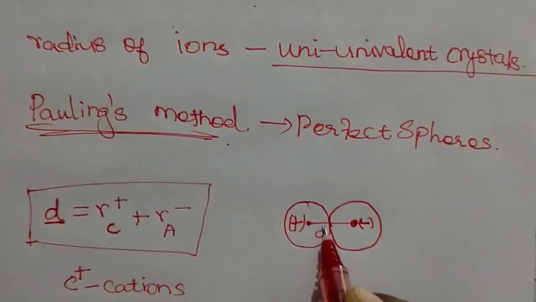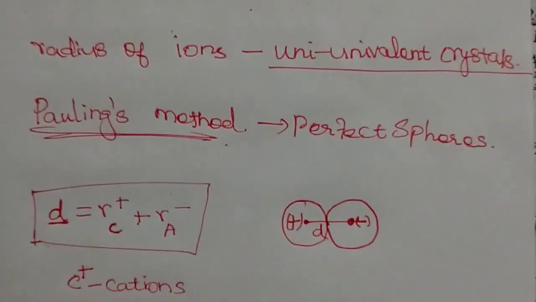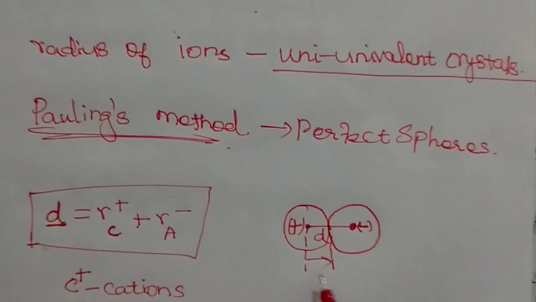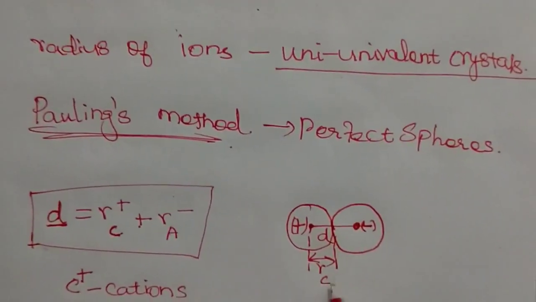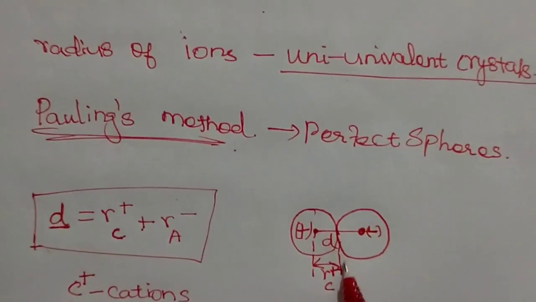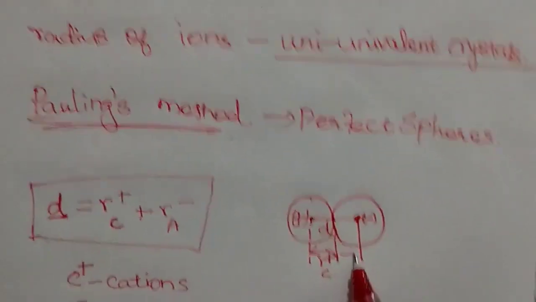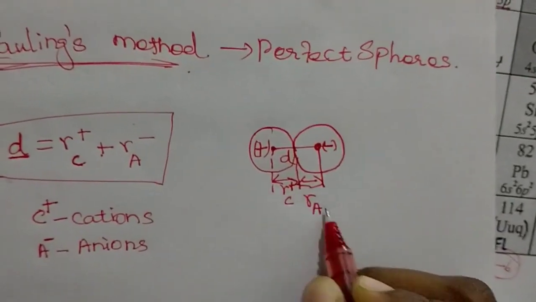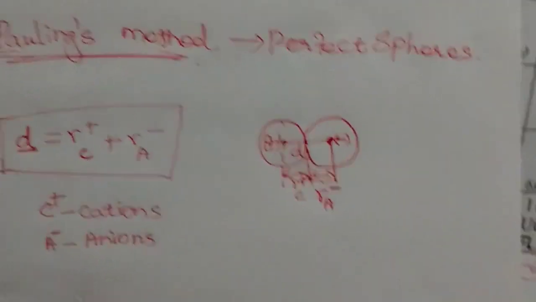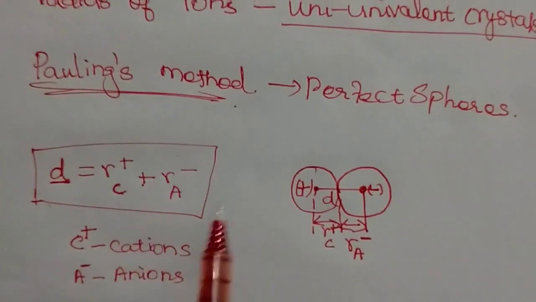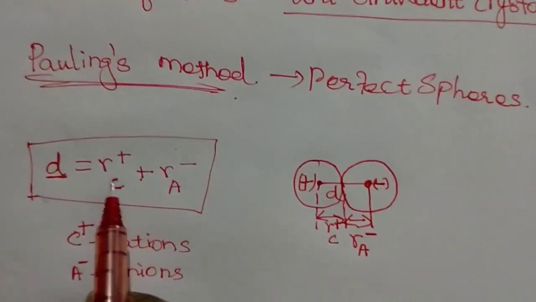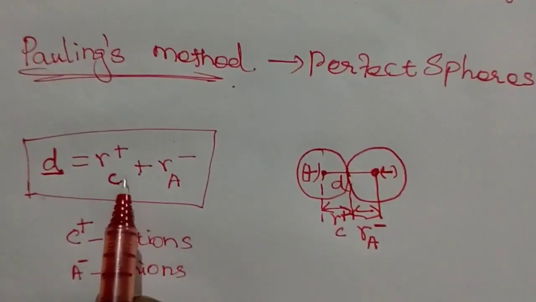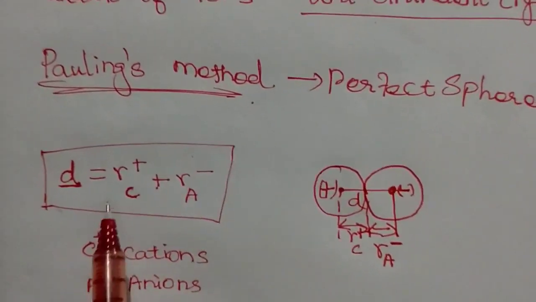This distance is generally known as D. This is Rc+, the radius of the cation. This is Ra-, the radius of the anion. Adding these two radii, you will get the distance D. D is equal to Rc+ plus Ra-.